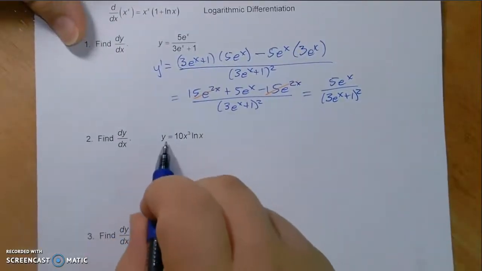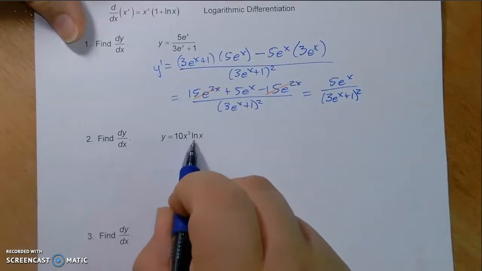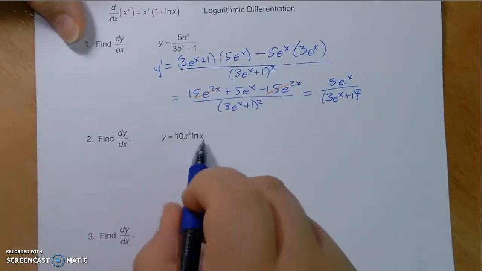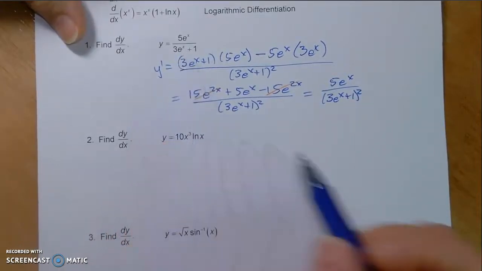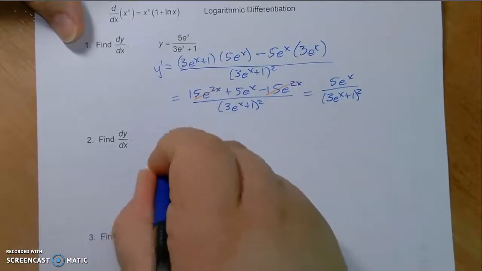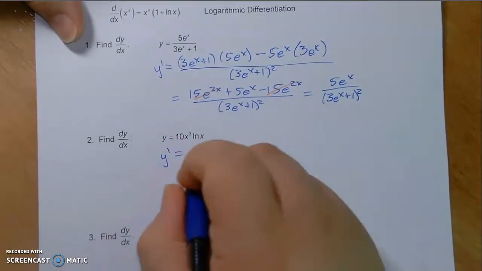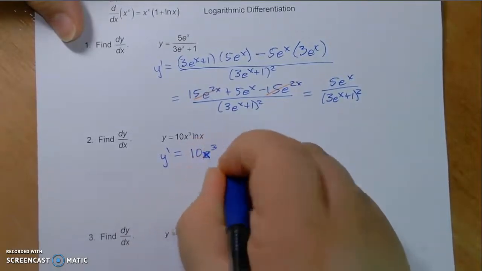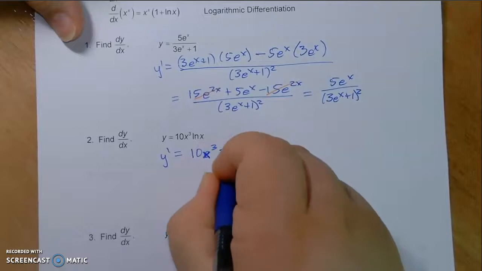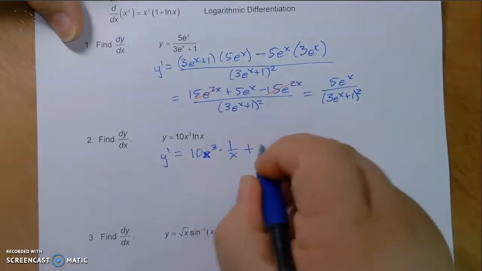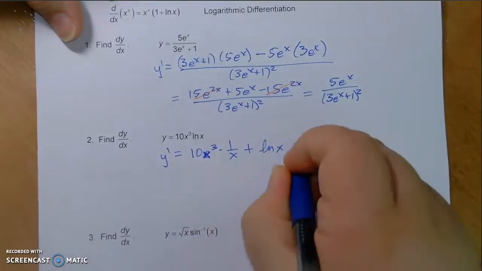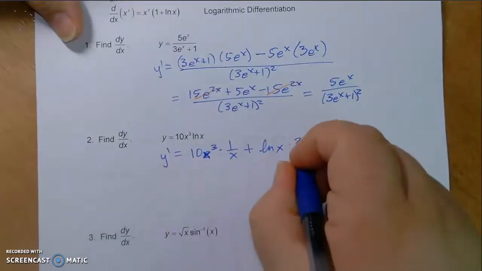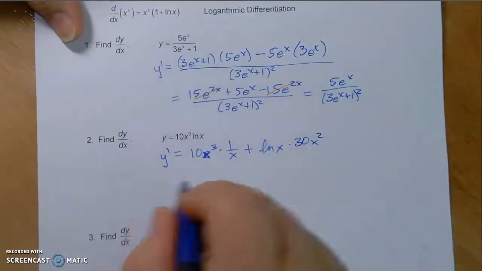Next problem, we have y equals 10x cubed times natural log of x. So there we did the quotient rule. Now we're going to do the power rule. So y prime equals the first, 10 x cubed, times the derivative of the second, 1 over x, plus the second, natural log of x, times the derivative of the first, which is 30x squared.